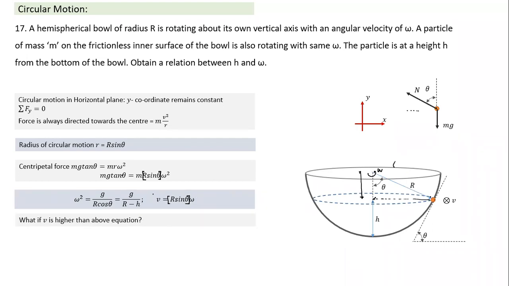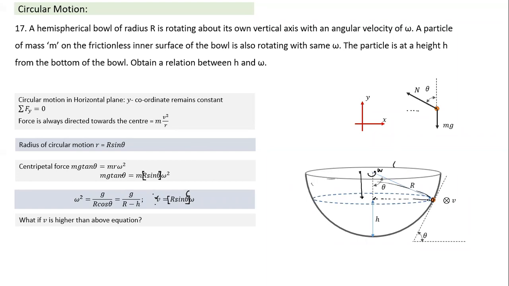So whatever velocity you have calculated for a particular value of theta, if I keep this object at this point and give exactly this velocity, if the surface is smooth, it will keep going in motion like this. But if I give a velocity greater than this, it will move up and slide out.